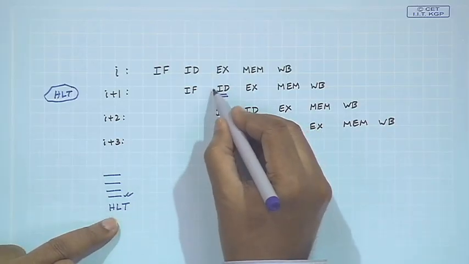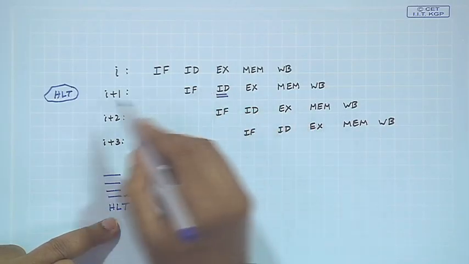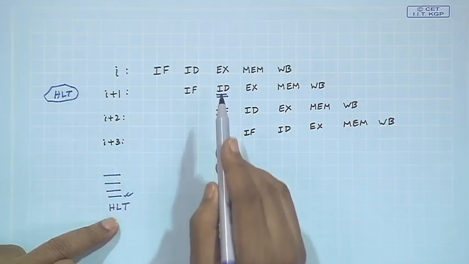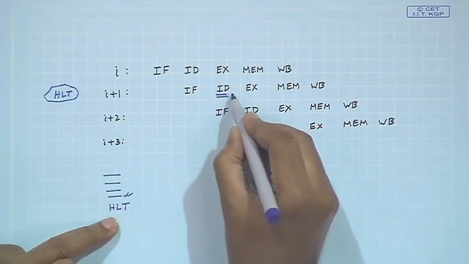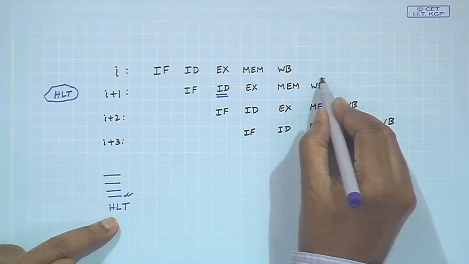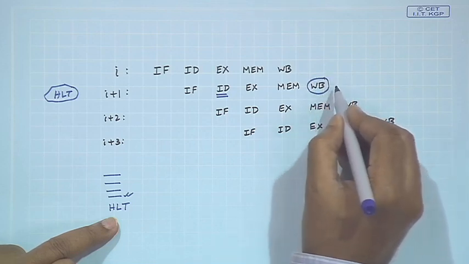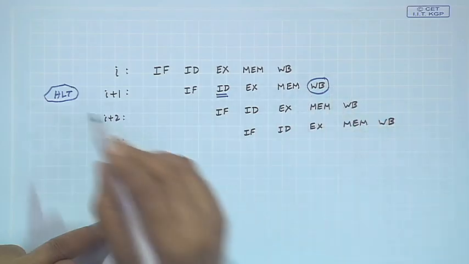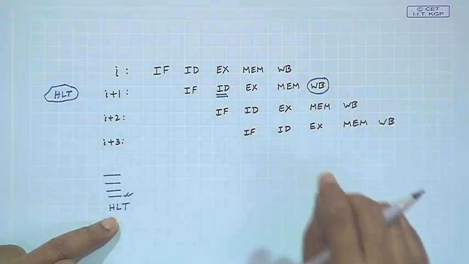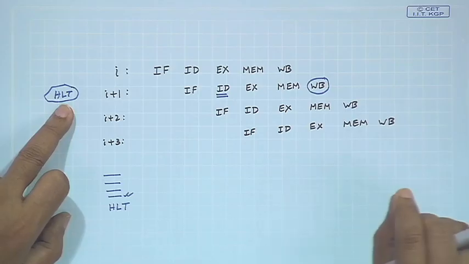So, you cannot stop the processor as soon as you detect it is halt, but rather you wait till the write back stage is reached and only then you halt the processor. But you remember that the halt instruction was found.